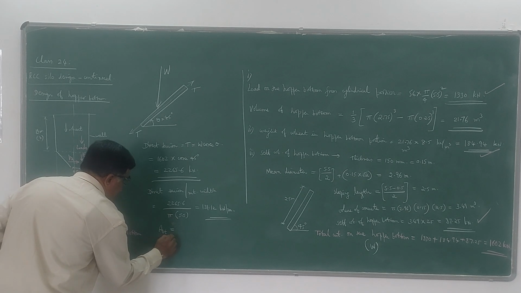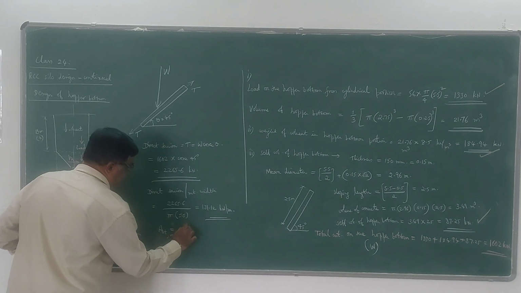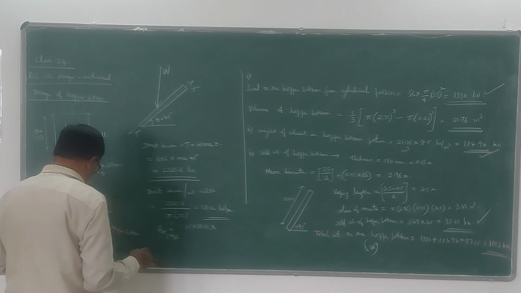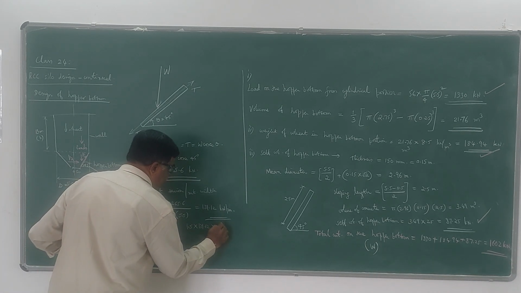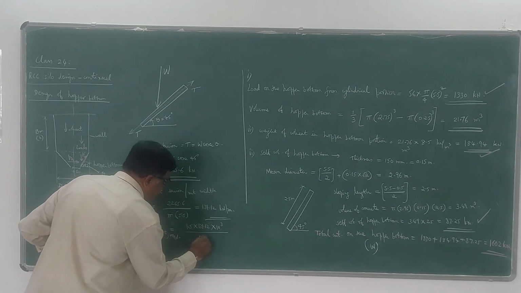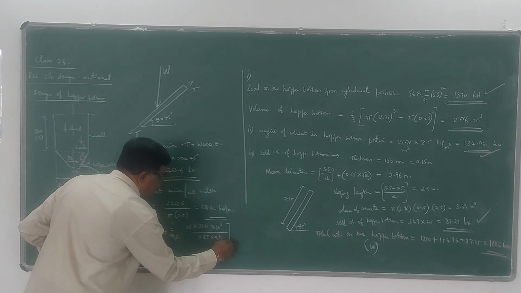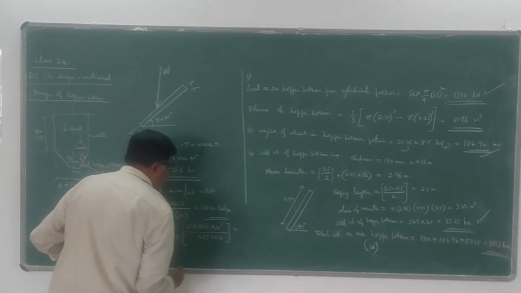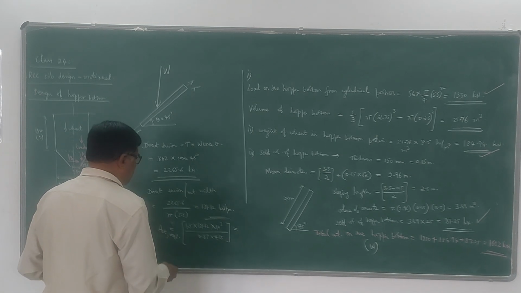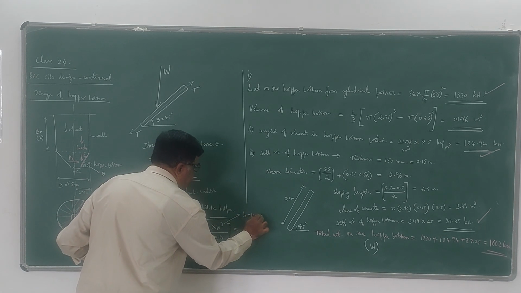AST required is equal to 1.5 into 131.12 into 10 cube divided by 0.87 Fy. 0.87 Fy is 414. 10 cube is nothing but the conversion to 1000 mm.